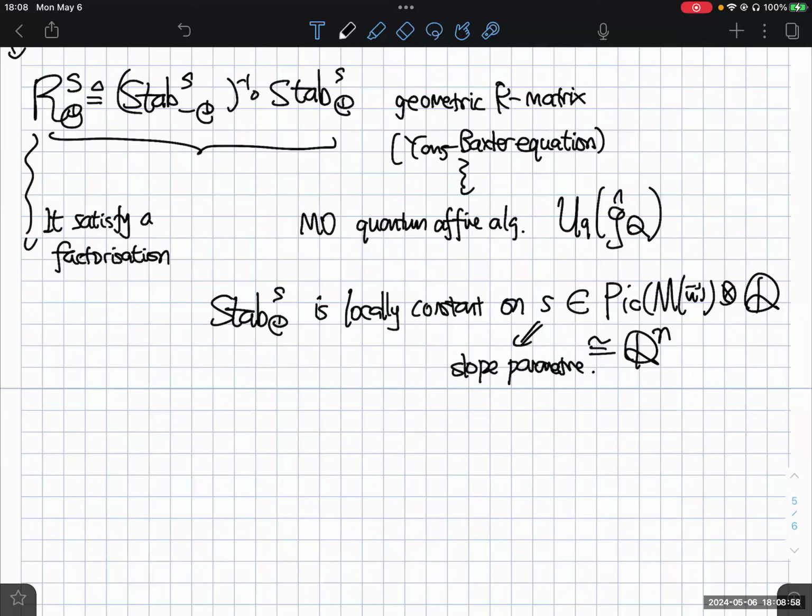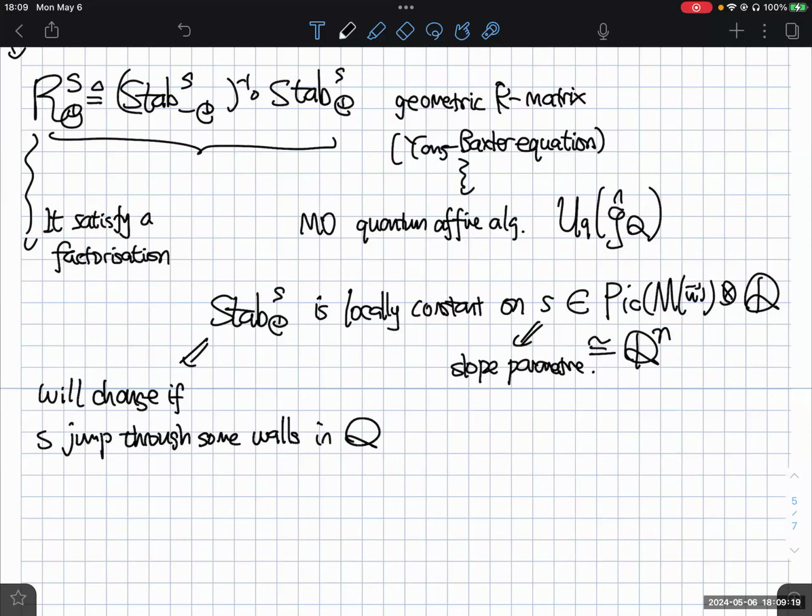And so the fact is that this stable envelope will actually change its value if S jumps through some walls or the hyperplanes in Qn.